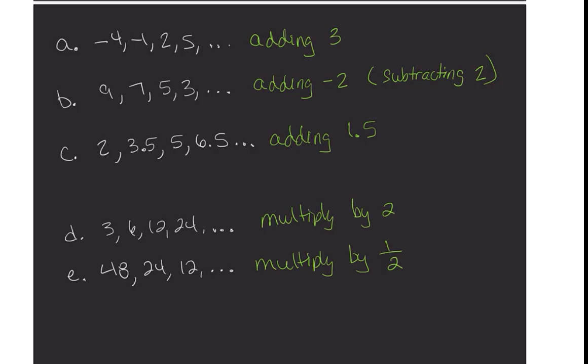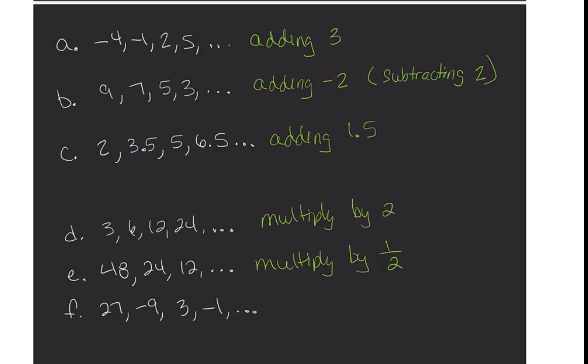So like you guys said, we're gonna multiply by a half, right? All right. We got to go one more, right? What if we went, let's say, 27, -9, 3, -1?